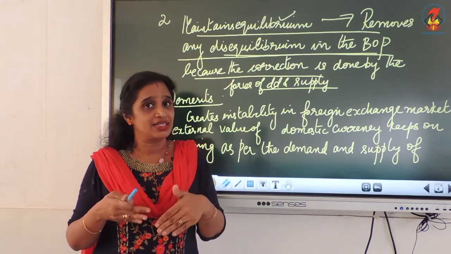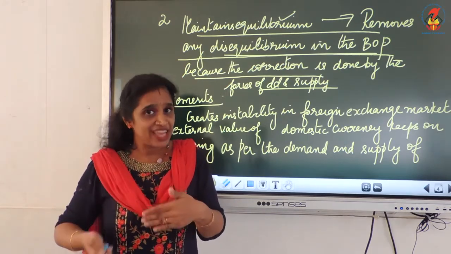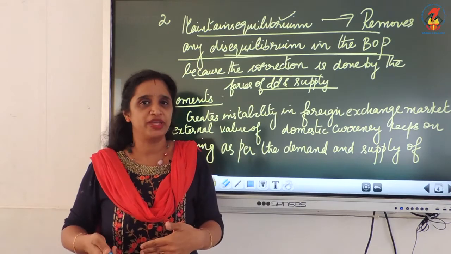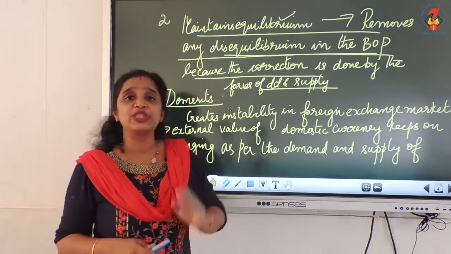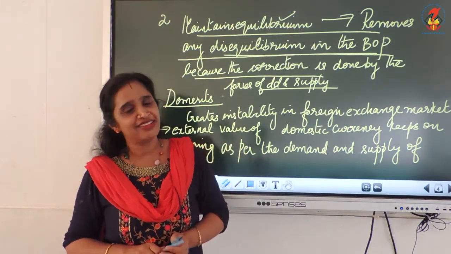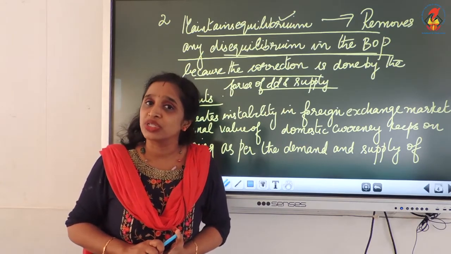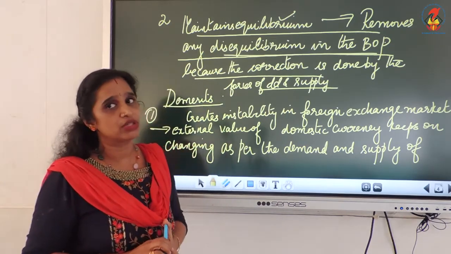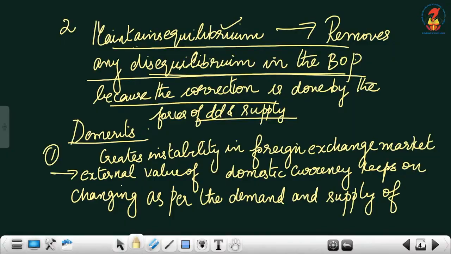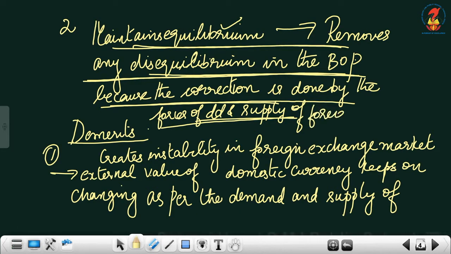So it will be corrected, and equilibrium will be maintained in the economy automatically through the forces of demand and supply. That is the most important feature of the flexible exchange rate system. So I read out the point once again for you. It maintains equilibrium, which means it removes any disequilibrium in the balance of payment, because the correction is done by the forces of demand and supply of foreign exchange.